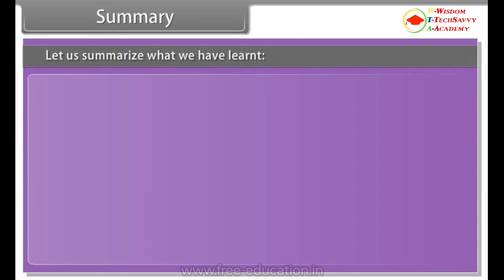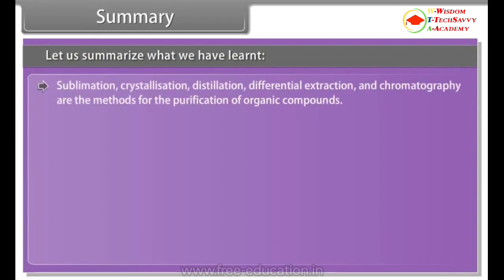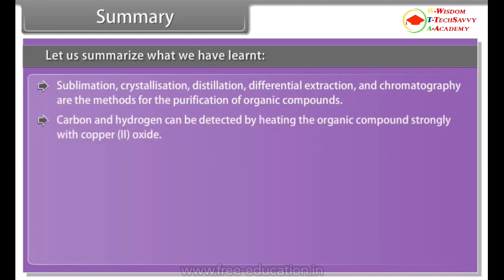Summary. Let us summarize what we have learned. Sublimation, crystallization, distillation, differential extraction, and chromatography are the methods for the purification of organic compounds. Carbon and hydrogen can be detected by heating the organic compound strongly with copper-2 oxide.